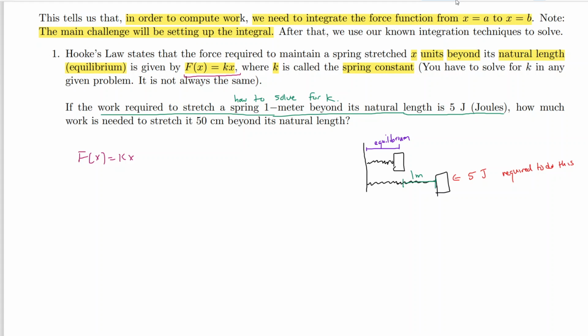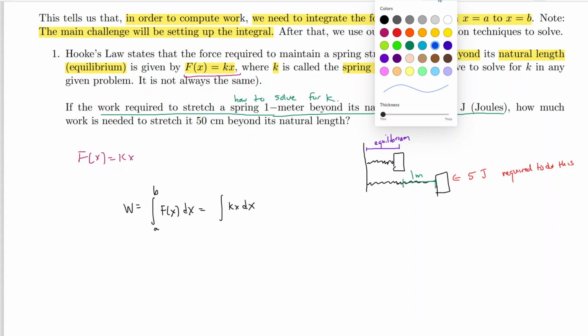All right, well, how is that going to help us? Well, what is work? Work, by definition, is the integral from a to b of f of x dx. Now, we know in general our force function is k times x for this. But what is a and b? Well, think about your equilibrium position being x equals 0.